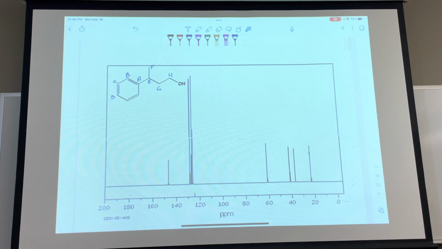A. Yeah, A is going to be the most de-shielded because it is a quaternary carbon. That's another notable feature of quaternary carbons: not only are they more de-shielded, but they are also short peaks.